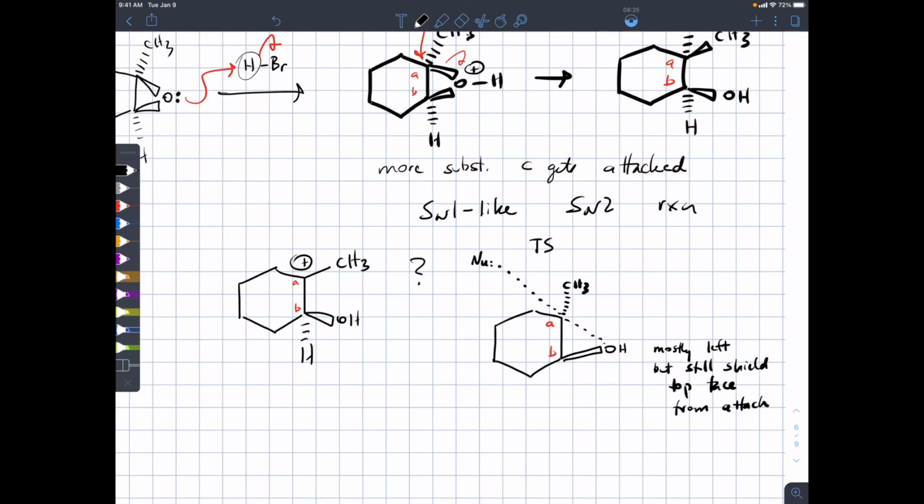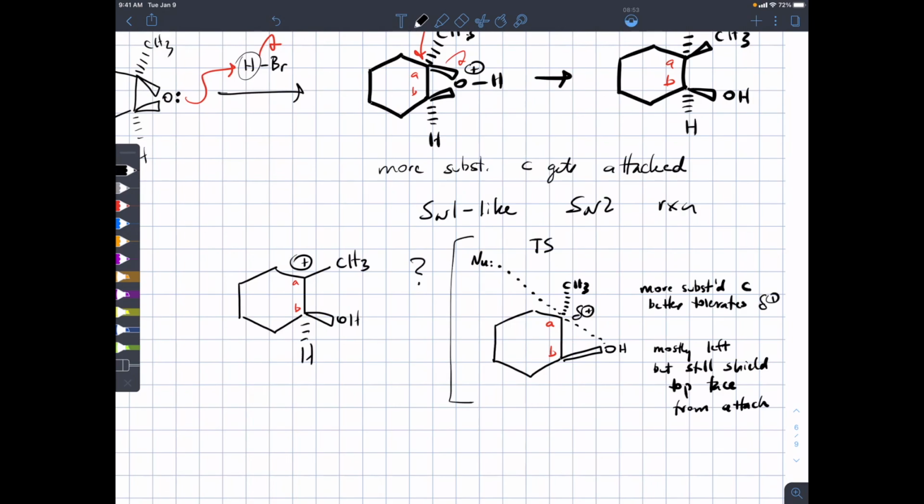At the same time, in the transition state, there would be a buildup of partial positive charge, and therefore you would want the OH group to leave from the carbon that was more substituted, because the more substituted carbon better tolerates the partial positive charge due to hyperconjugation.